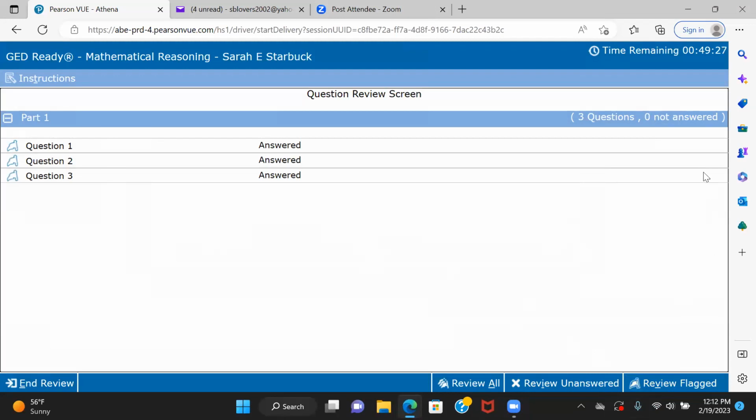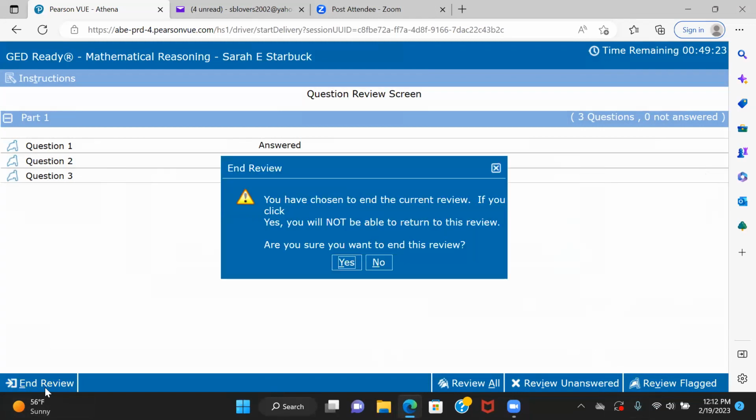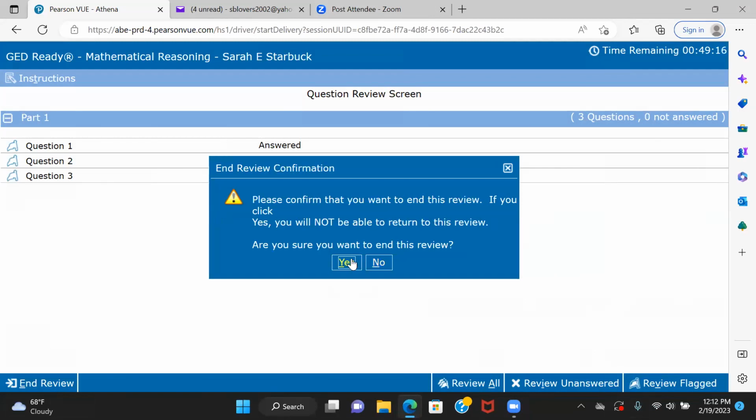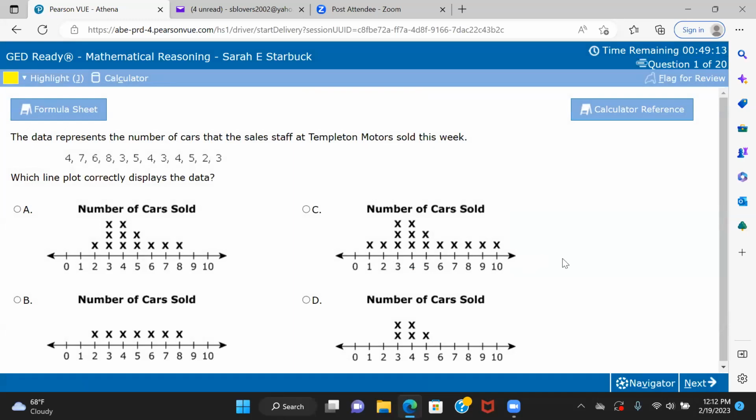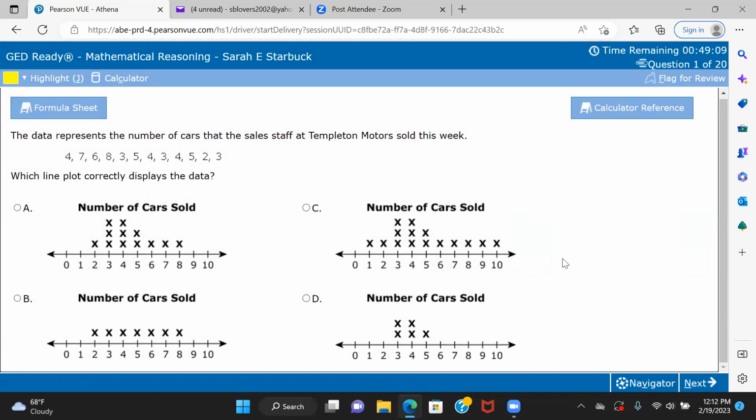Why is it not allowing me to go forward? Okay. New question here. All right. Data represents the number of cars. That's okay.